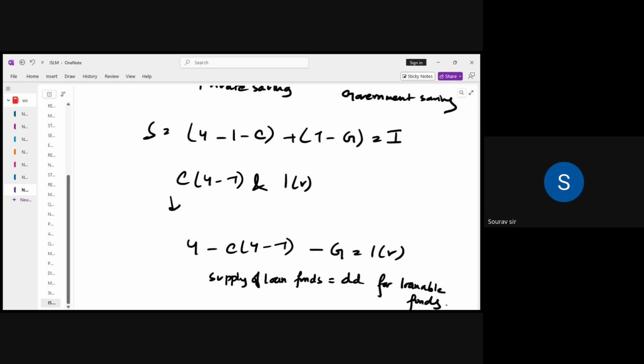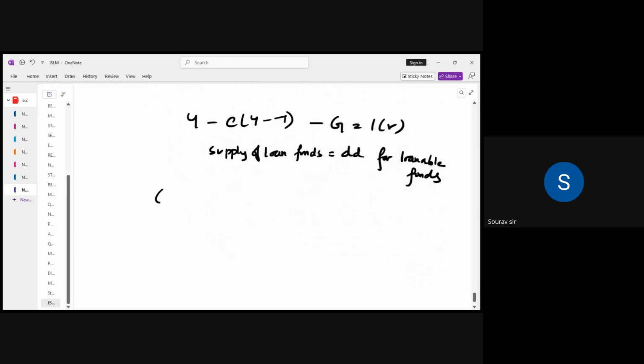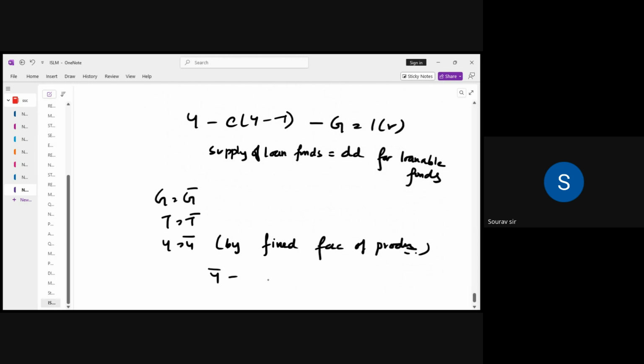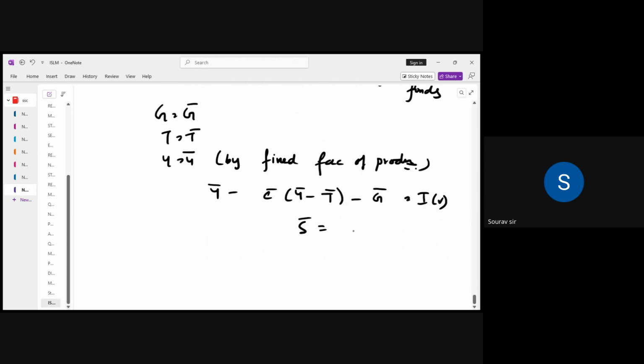Here G is equal to G bar, T is equal to T bar, so Y is equal to Y bar, by fixed factors of production. And from the production function we get Y bar minus C of Y bar minus T bar minus G bar is equal to I of R. So S bar is equal to I of R.